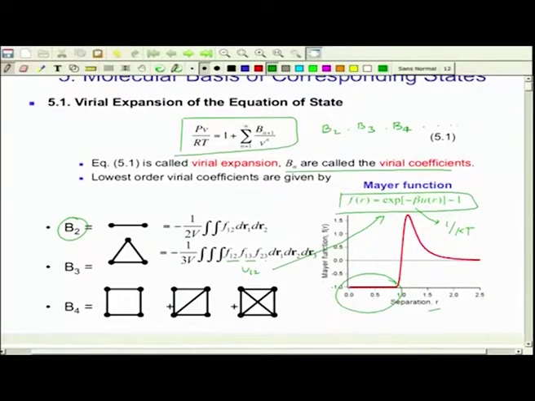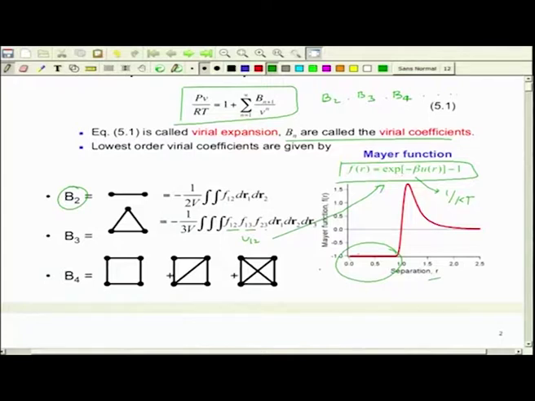If you multiply one Mayer bond by another one, and one of them is 0, of course the contribution is going to be 0. This is how we express the coefficients in terms of the Mayer functions, and if you can express the Mayer functions in terms of the potential models, then you can evaluate these virial coefficients numerically or analytically.